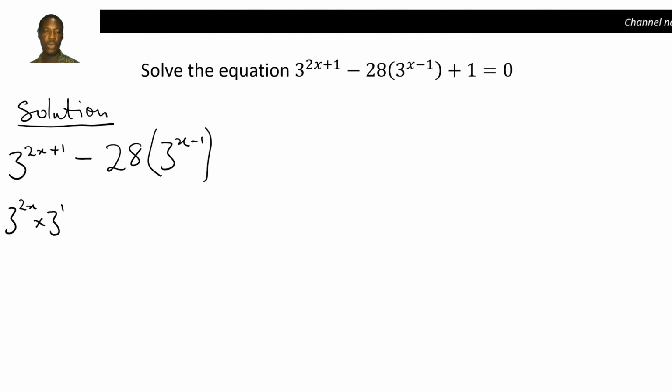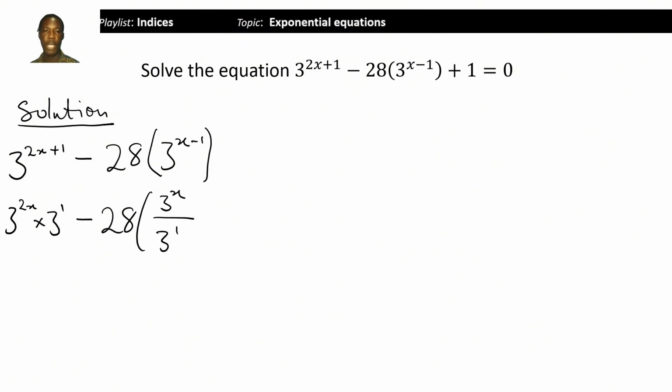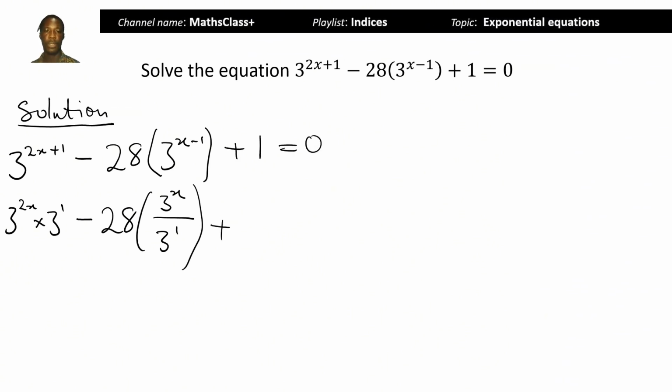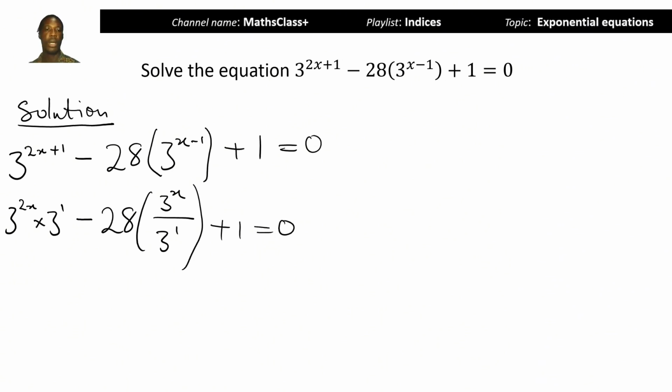This one also, if you see exponents subtracting, it means it comes from division. So we have 28 and then 3 to the power x divided by 3 to the power 1. That's what it means. And then we continue. So for 1, we leave it as it is. I hope you get it.